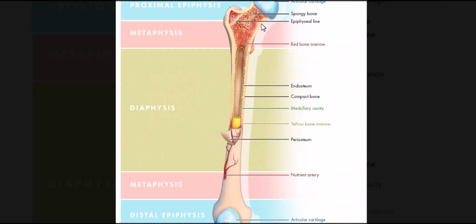Up here we see the epiphyseal line. There's an epiphyseal line here. There would also be another epiphyseal line down at the distal end of the bone that's not shown in this particular drawing. And the epiphyseal line, when it's formed, is evidence that the bone has reached its adult height. If this were a young person's bone through puberty, we would not see a line, but we would instead see a cartilaginous gap called the epiphyseal plate.